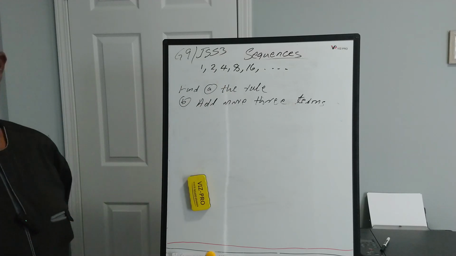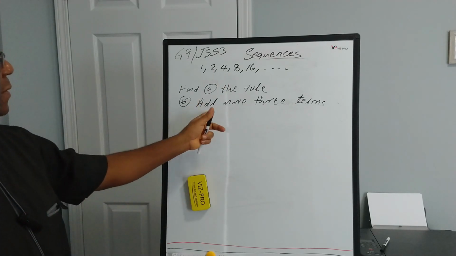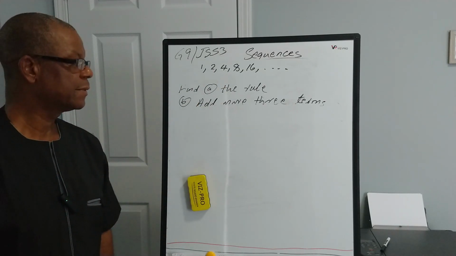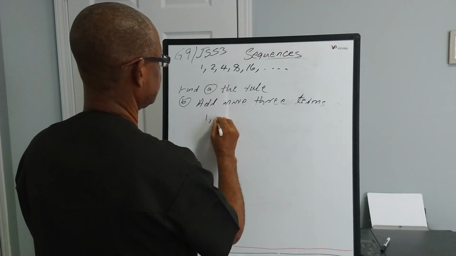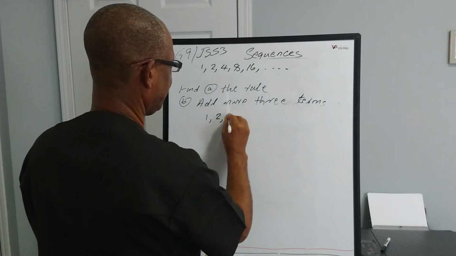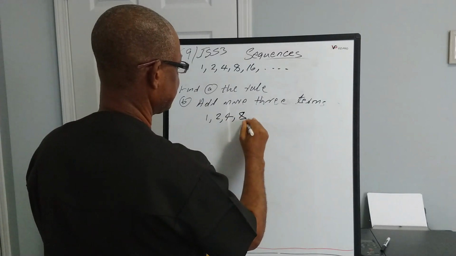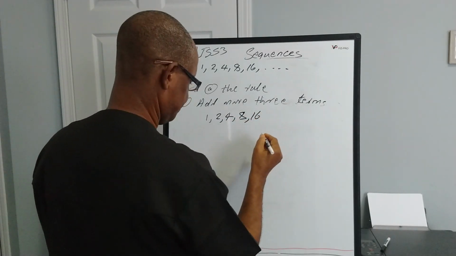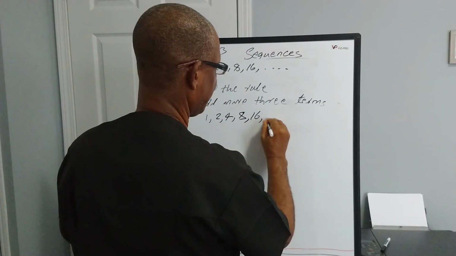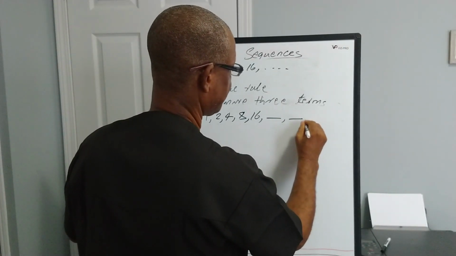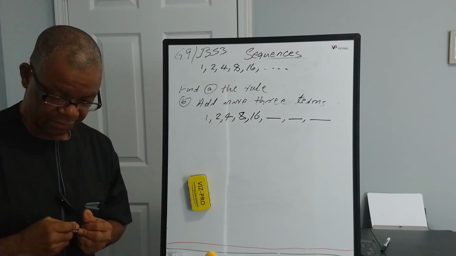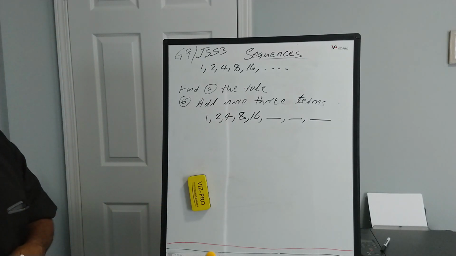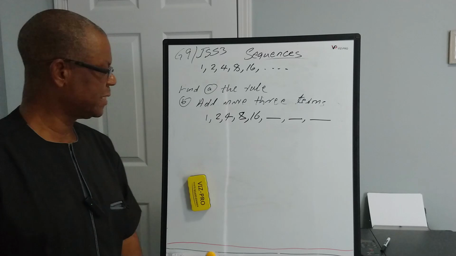To find a rule, and thereafter we find more 3 terms. This is 1, 2, 4, 8, 16. And we have 1, 2, 3.